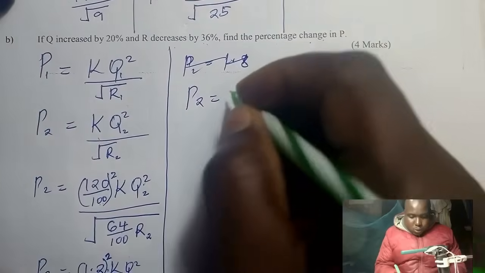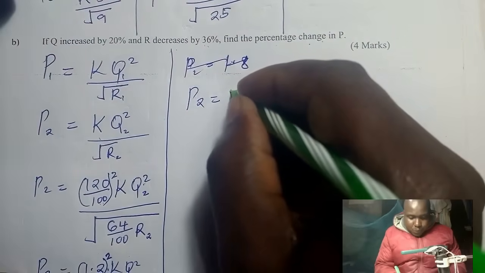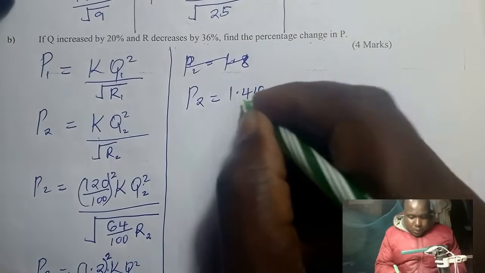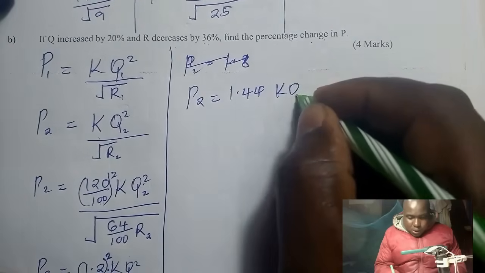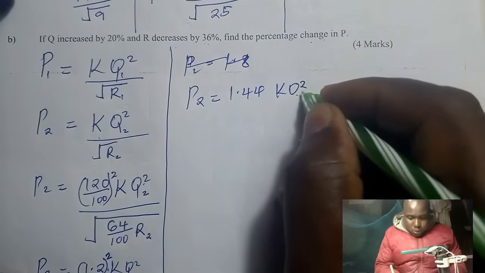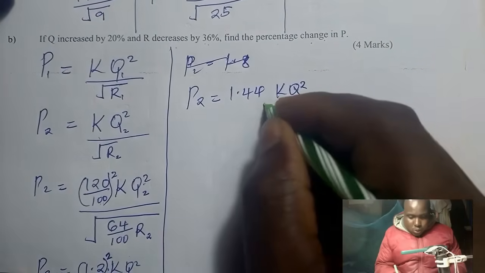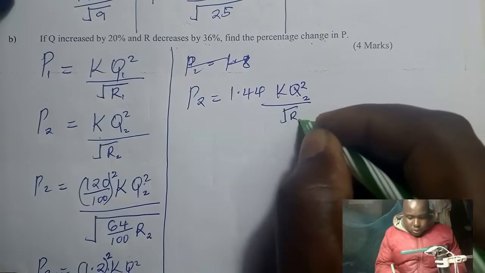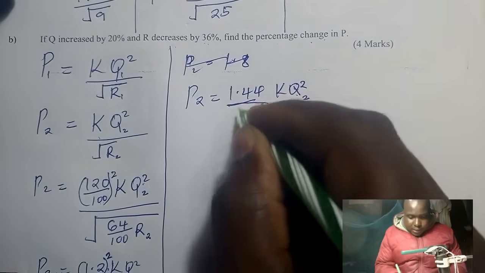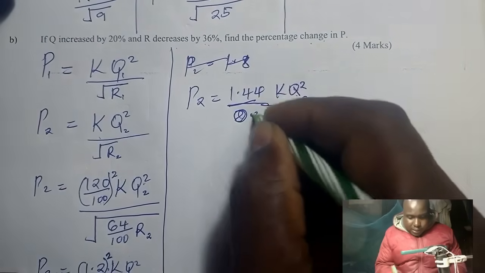So P2 is equal to 1.44 k Q2 squared over square root R2 over 0.8.